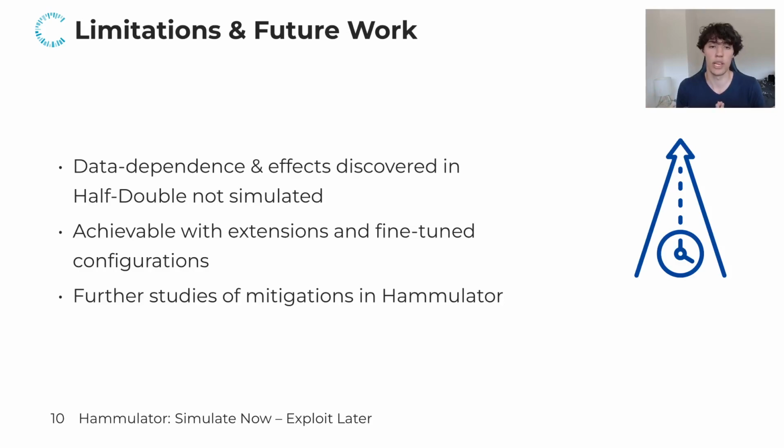Someone could do that too, and that could also be possible with fine-tuned configurations. People could also, that was a topic that came up in the reviews often, further study mitigations in Hammulator, prototype them, test their overhead.